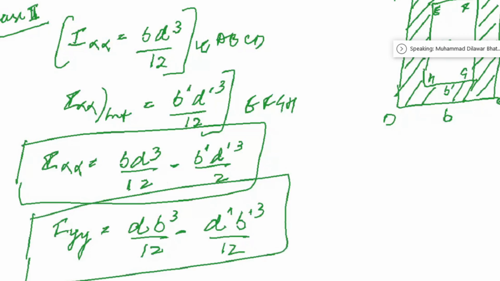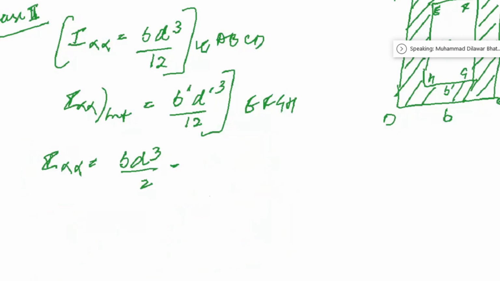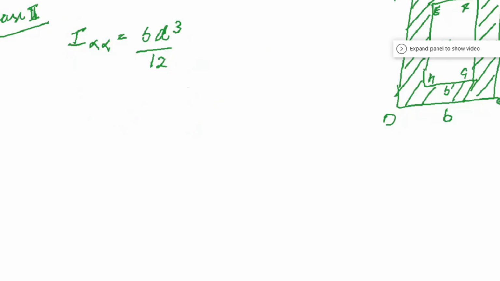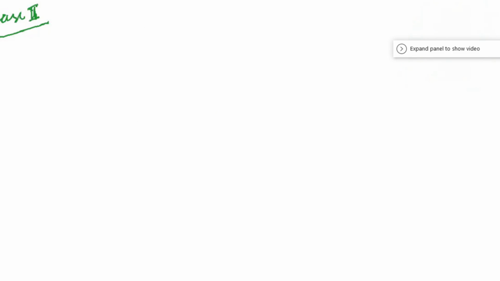Okay. Then we can also check for any circular section, right? If we have to see what will be the moment of inertia about any x-axis or y-axis, then in that case, what will be the moment of inertia? Okay, your case three can be moment of inertia of a circular section.